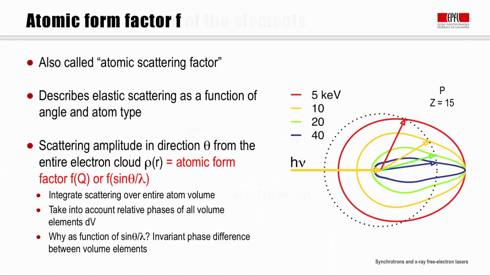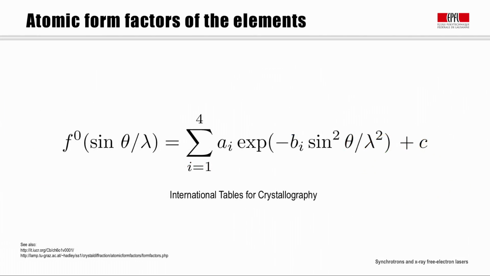Now, the intensity, which is proportional to the square of the amplitude, thus increases with the square of Z. The dependence of F on Q, or sine theta upon lambda, can be conveniently expressed as the sum of 4 Gaussians plus a constant, and values for every element for these expressions can be found in the International Tables for Crystallography. The expression is shown here clearly in this slide.